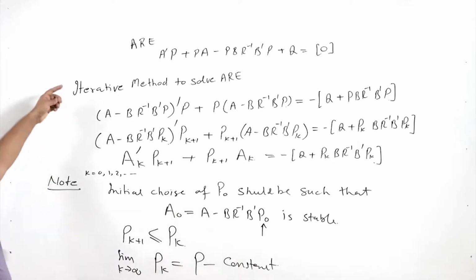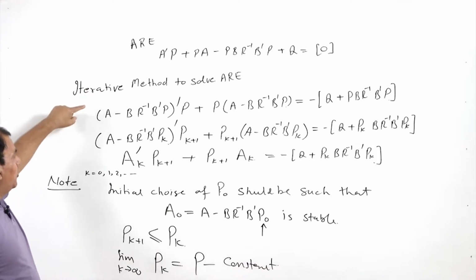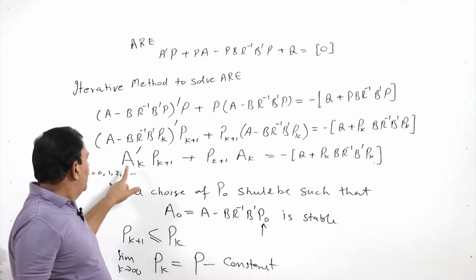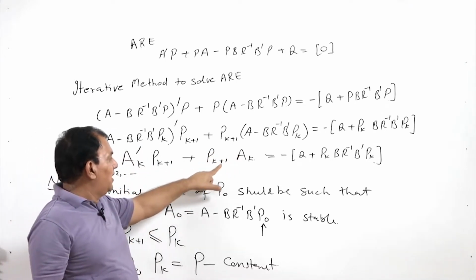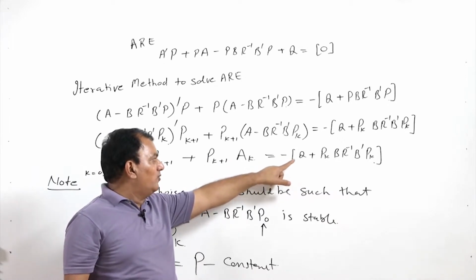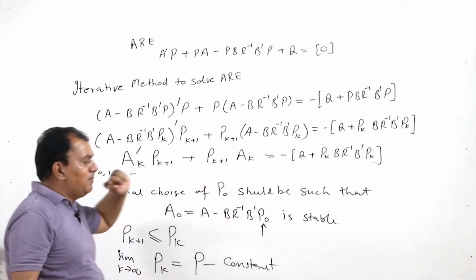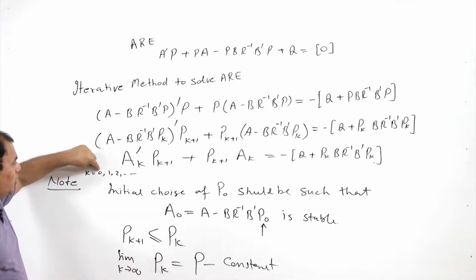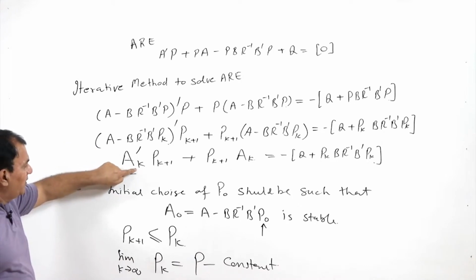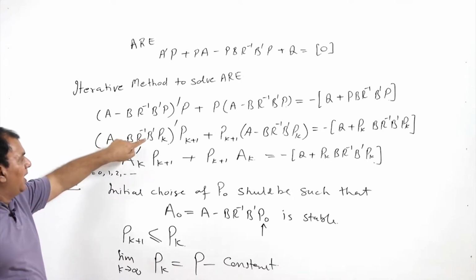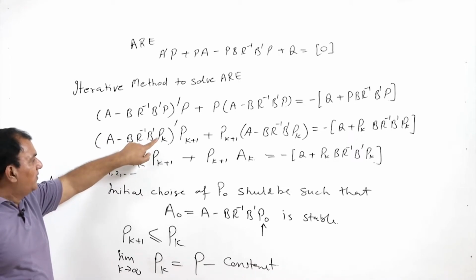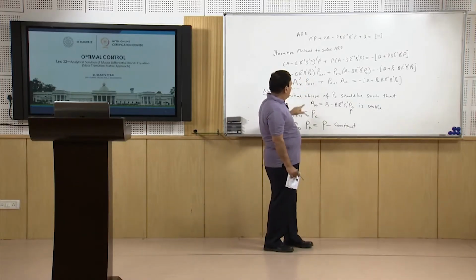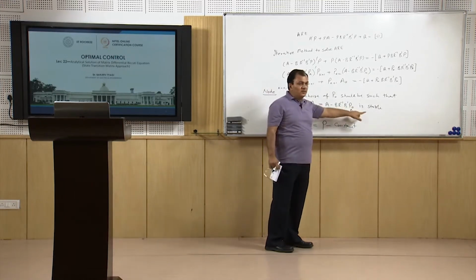So, we can see this may be one of the approaches to find the P. We set an iterative equation as A transpose k Pk plus 1 plus Pk plus 1 Ak equal to minus Q plus Pk B R inverse B prime Pk. We start with the first iteration at k equal to 0. This means we first have to find A minus B R inverse B prime P0, and we select P0 as my initial guess such that my A naught matrix is stable.